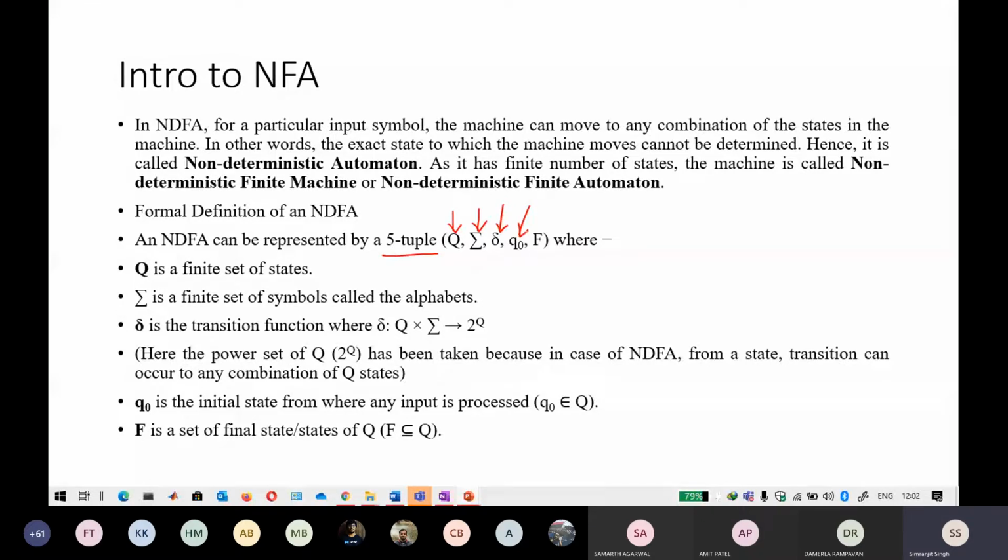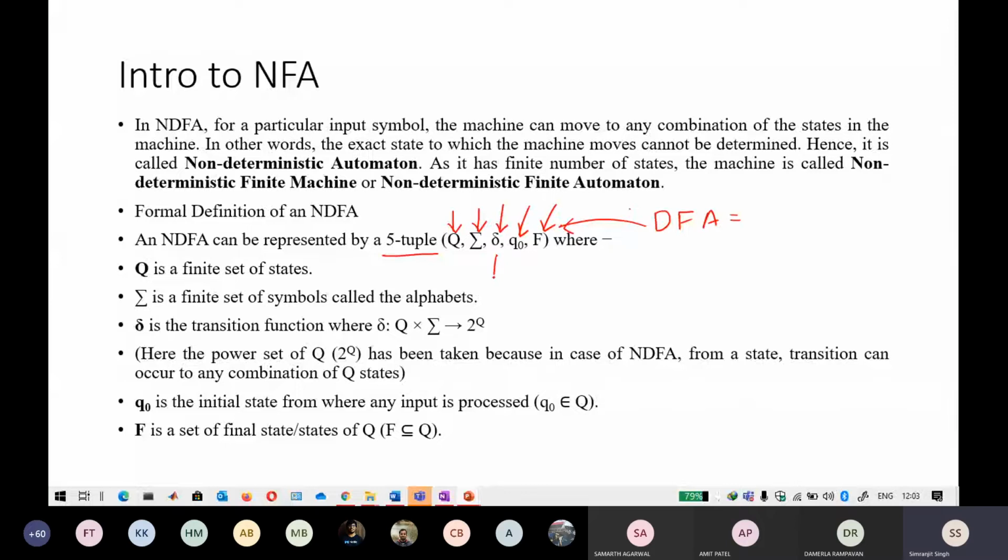If you look at these 5 tuples and remember the DFA 5 tuples, both of these tuples are equal. So what is the difference here? The transition symbol is different. The only difference in NFA is the transition symbol.